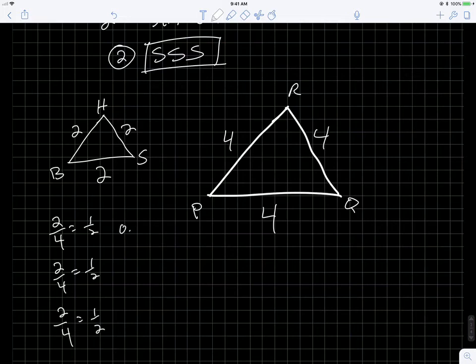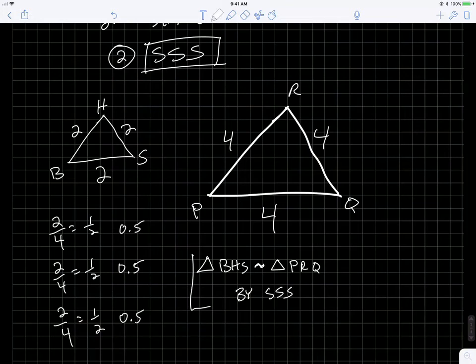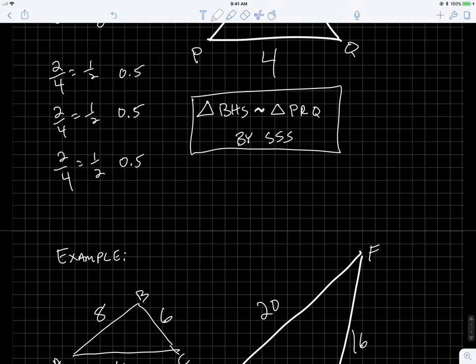Or if I converted them to their decimals, they all come out to be the same. So they are in proportion. So therefore, we can say that triangle BHS is similar to triangle PRQ by side. Again, not because their sides are all congruent, but because they are in proportion.